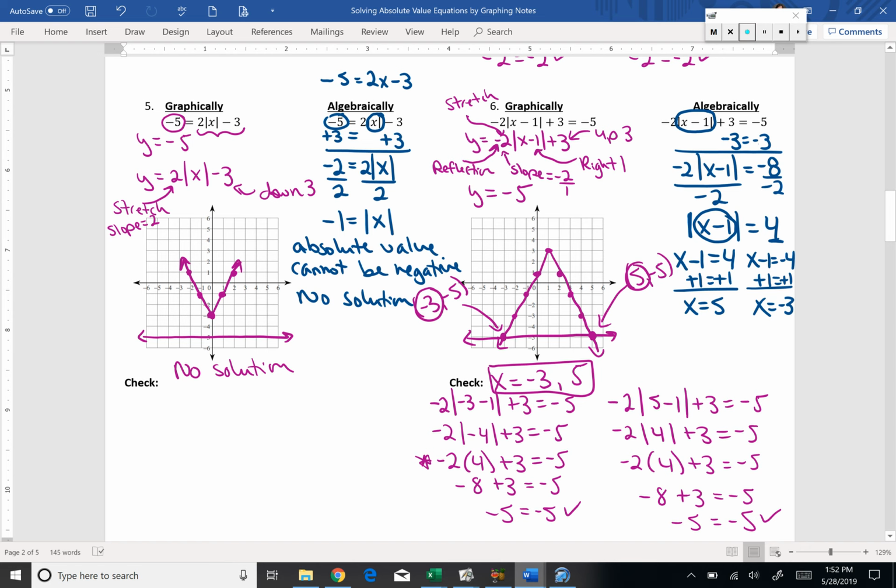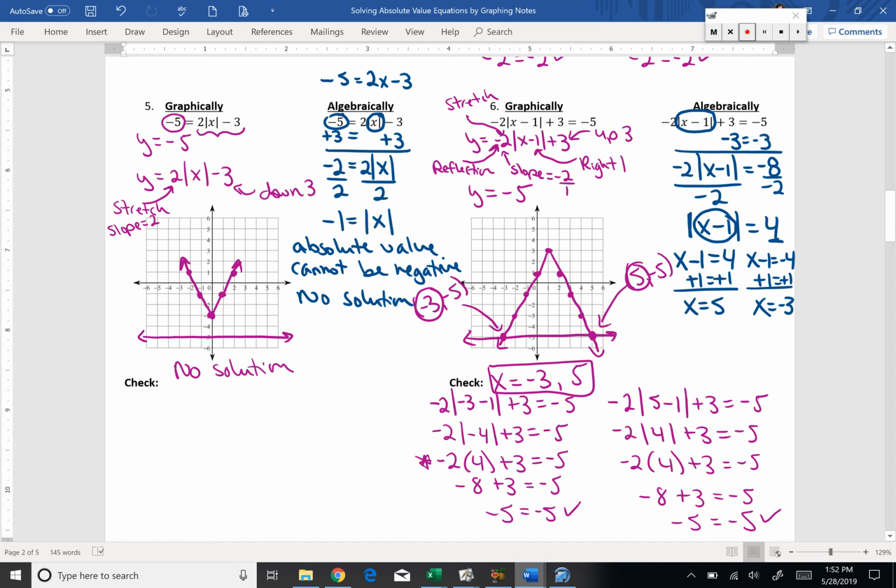So the first thing you want to recognize is that when you have absolute value bars in your equation and you want to solve, you're going to get two solutions. There's the potential of no solution, absolutely, but our typical case is going to have two solutions.